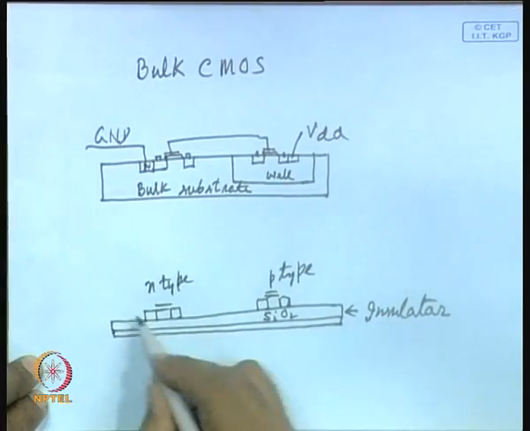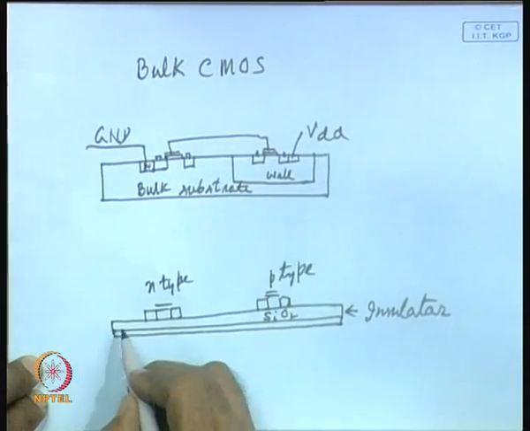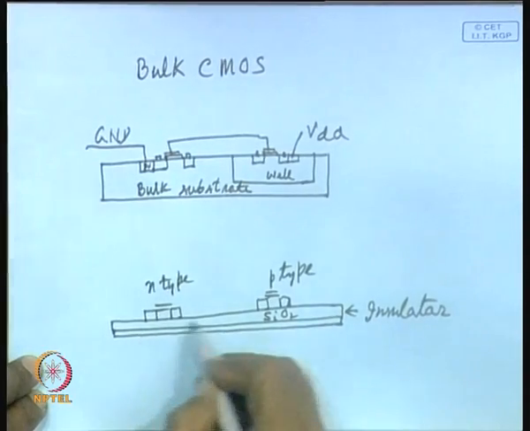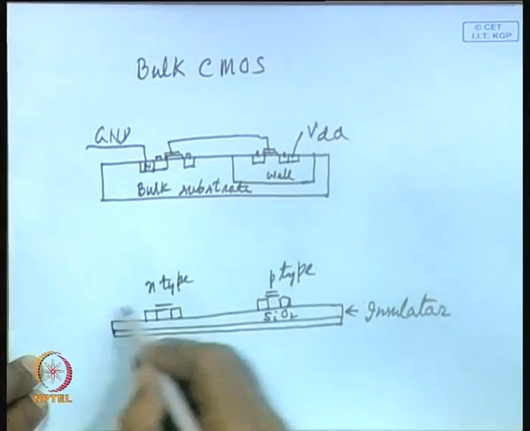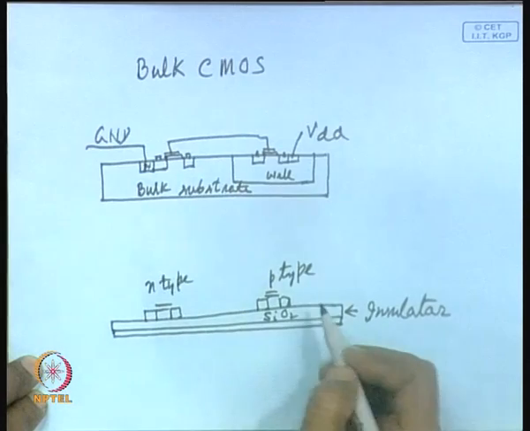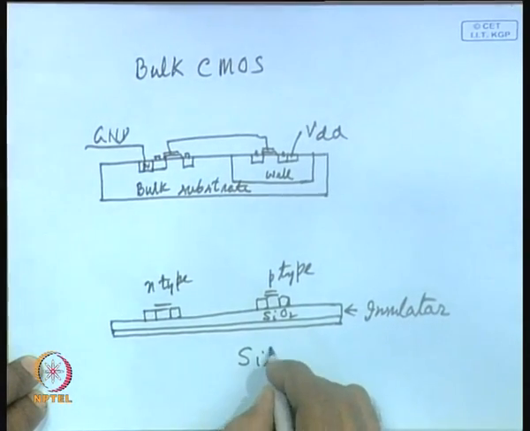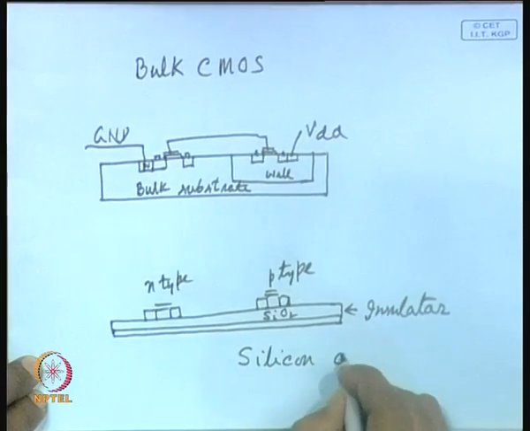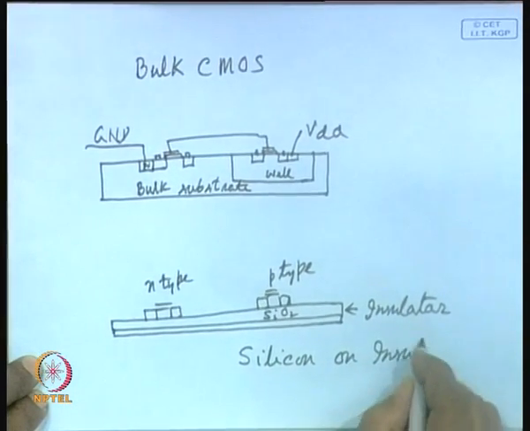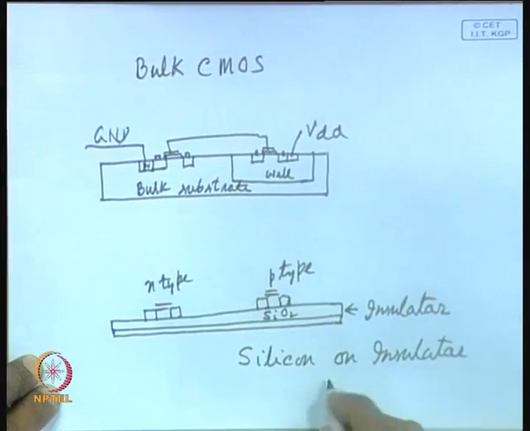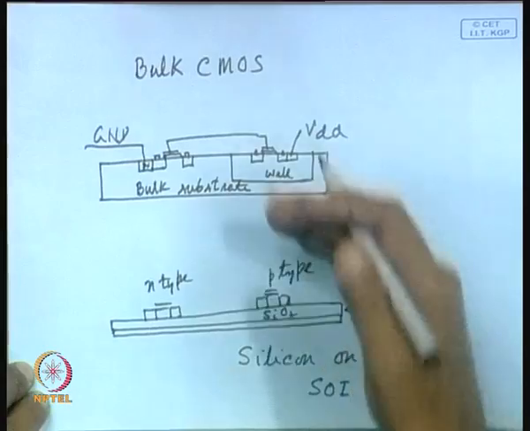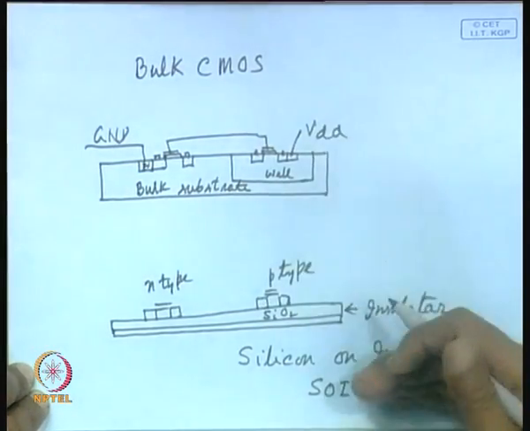Here you are not forming any well, but on a silicon dioxide layer you are forming different types of transistors and interconnecting them, and this is known as silicon on insulator, or SOI.